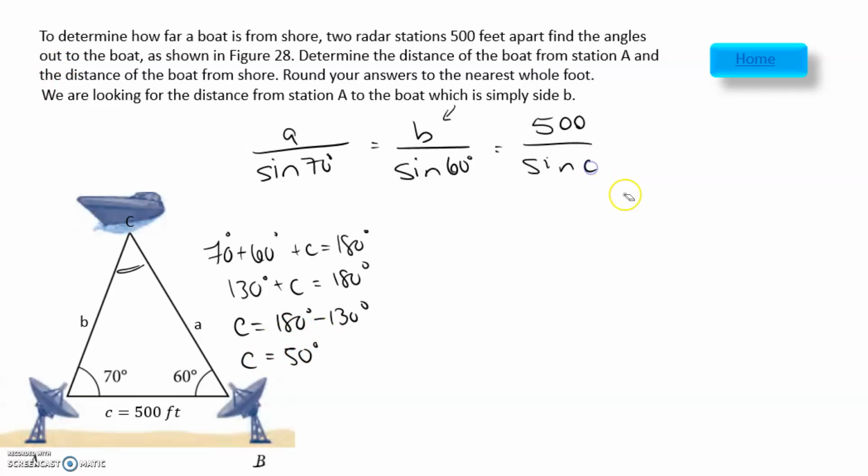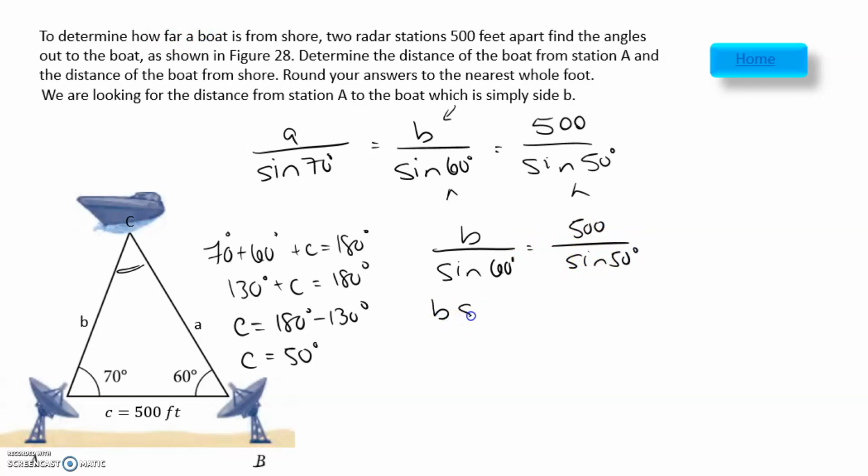Okay, so now I can replace this C right here with 50. Okay, now I can set these two expressions equal to each other. So we've got B over sine of 60 is equal to 500 over sine of 50.